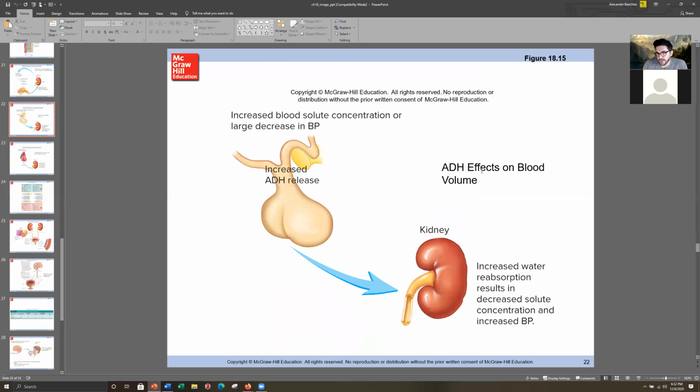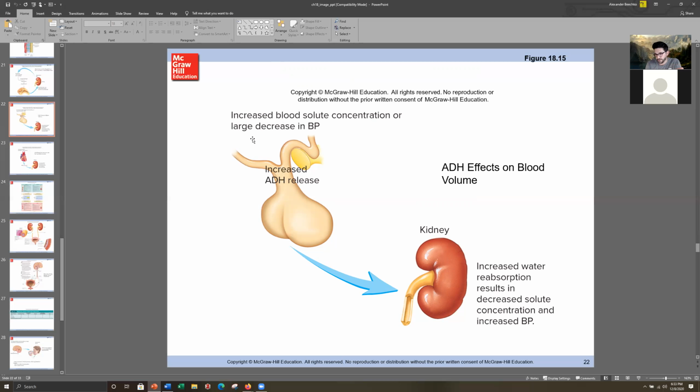So antidiuretic hormone, okay? Sometimes, like I said, we can have increased blood solute concentration or a large drop in blood pressure. So that triggers different kinds of neuroreceptors, specifically baroreceptors in places like the aortic arch and the carotid sinuses. Different places in our body will have these specialized receptors. That sends a signal to the posterior pituitary gland that's dangling down from the hypothalamus.